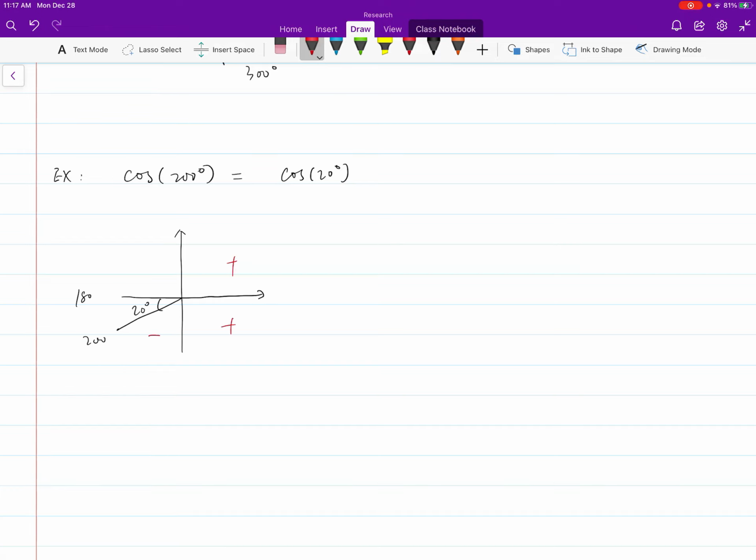Positive or negative for cosine, draw the graph. It's going to be negative. Final question, what is cosine 20 degrees? Well, it's not one of the special angles, but we can actually use our table or a calculator to figure it out.